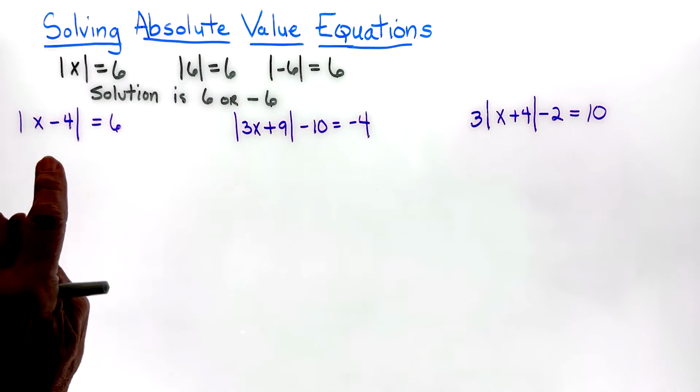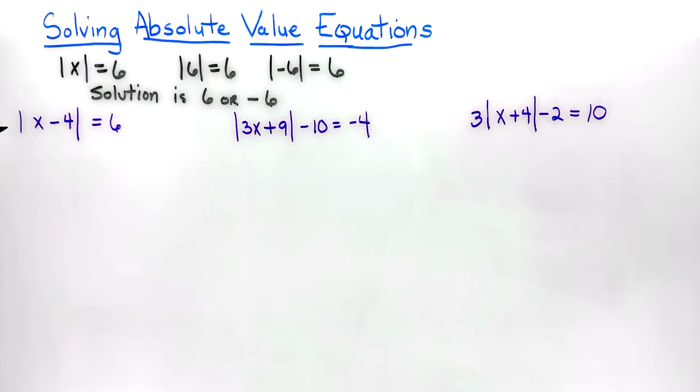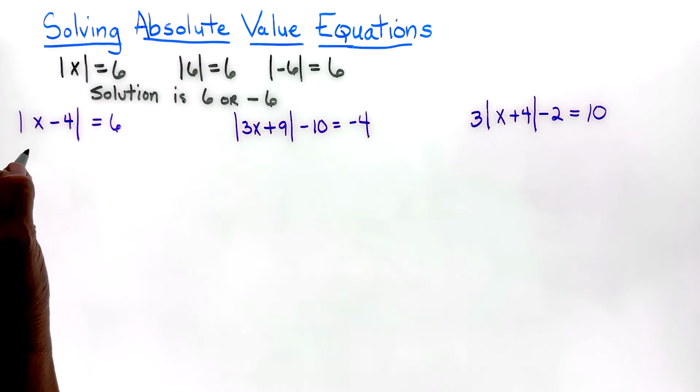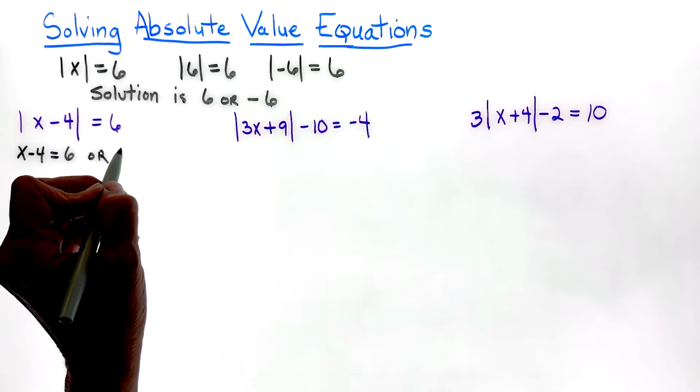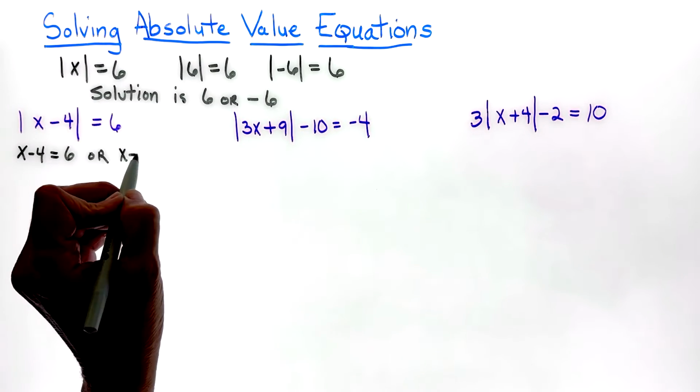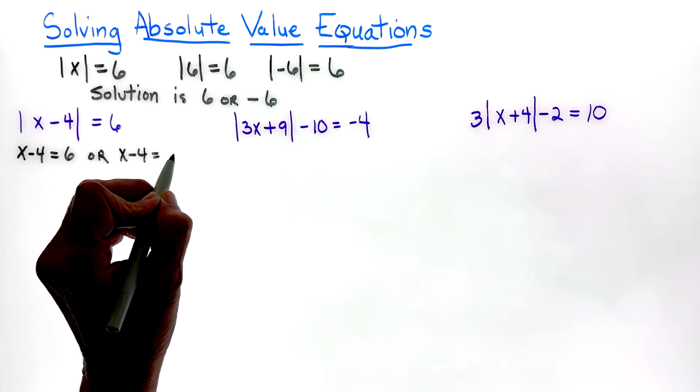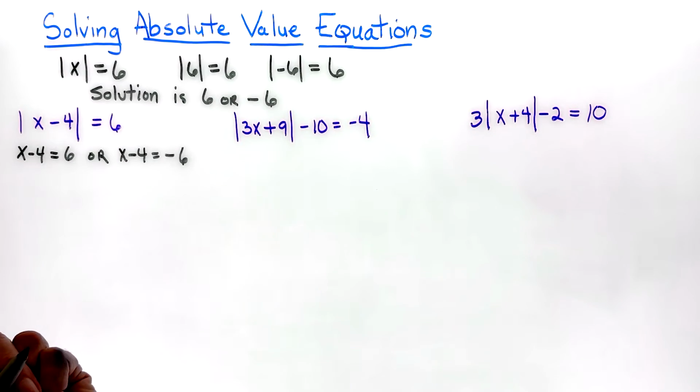When we have a simple problem like the first one, the absolute value of x minus 4 equals 6, since everything is inside the absolute value symbol, we're going to write down x minus 4 equals 6, or x minus 4 equals a negative 6.